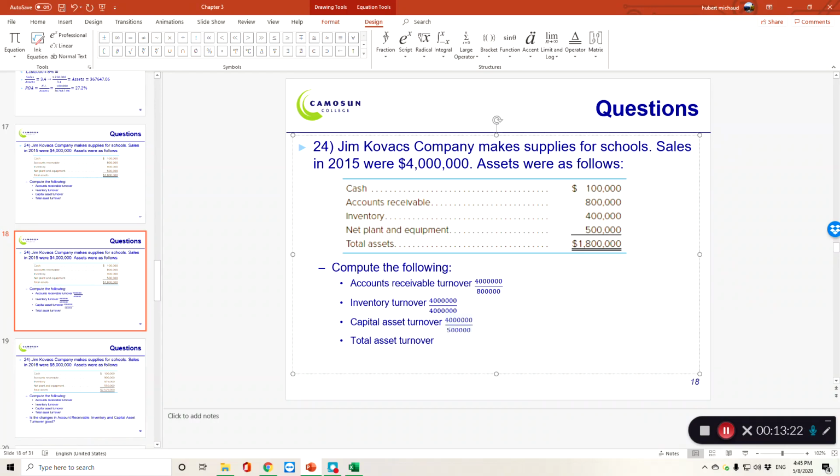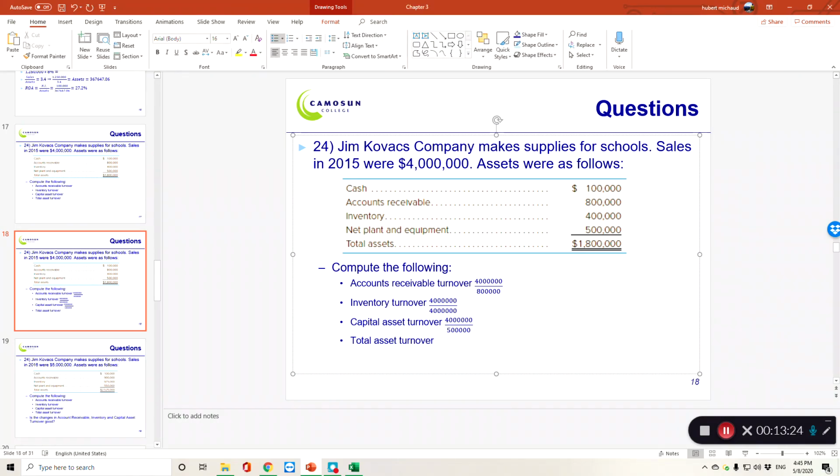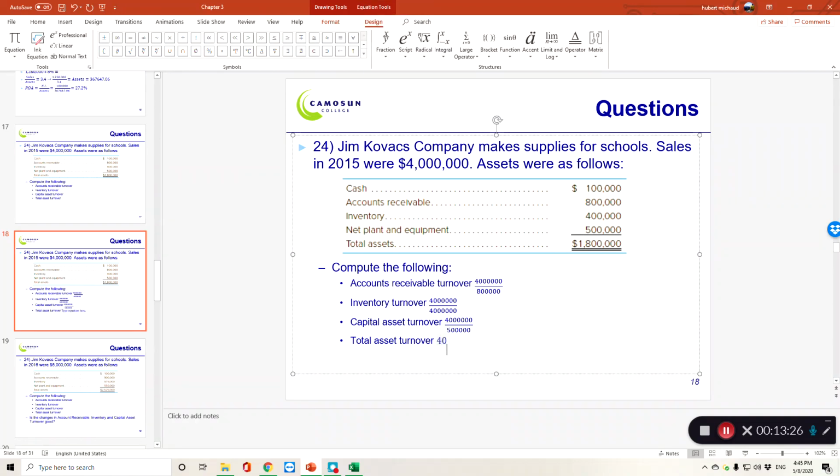Here we go. And then my total assets turnover is simply my sales, I'm missing a 0, I think, that I divide by my total asset, and that's my answer. I won't compute all of these for you. You're free to use your calculator to compute these if you want to.